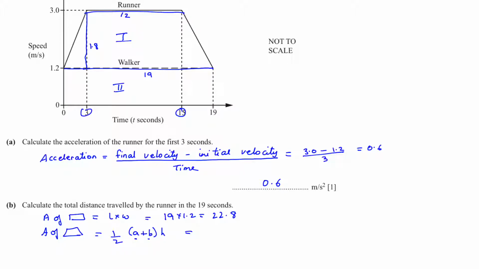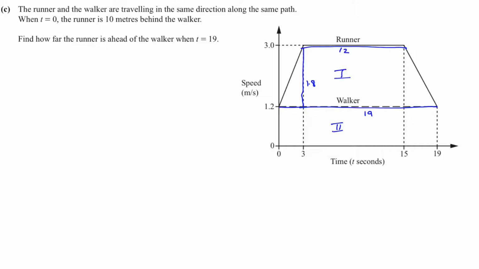Now replace everything in this equation. So half times (19 plus 12) times the height, which is 1.8, will give us 27.9. Add both these areas together and we'll get 50.7. So that is the total distance traveled by the runner in the 19 seconds.